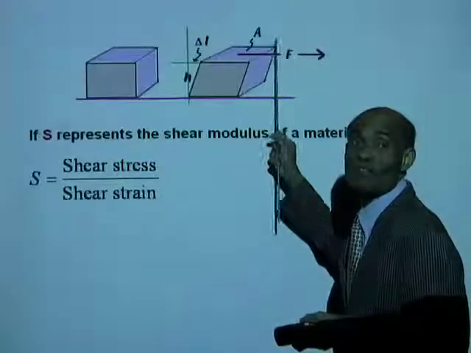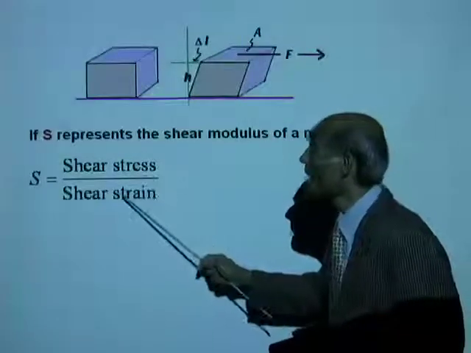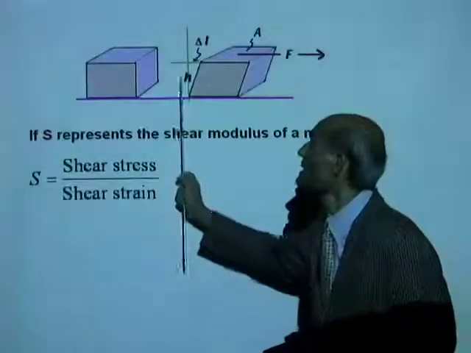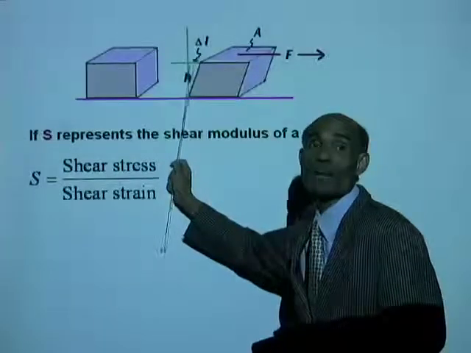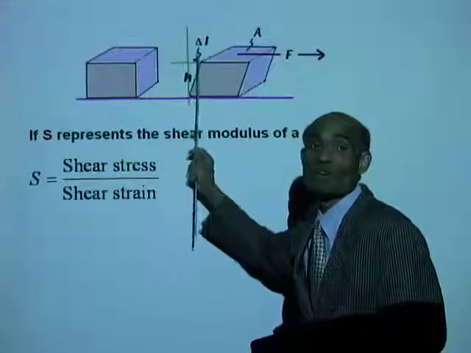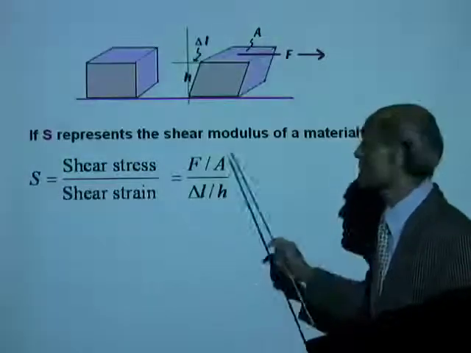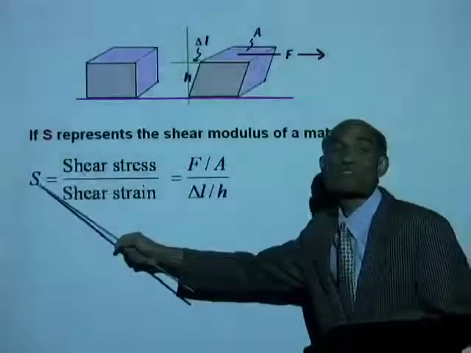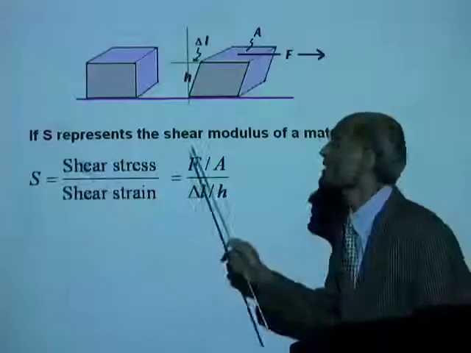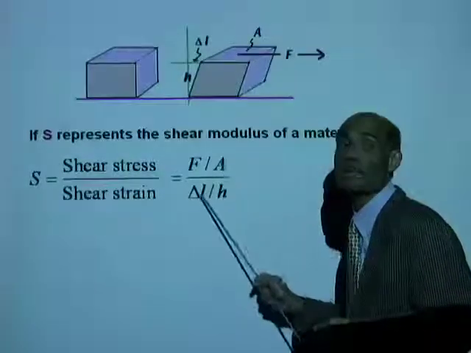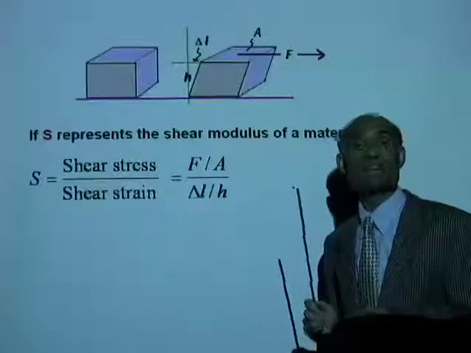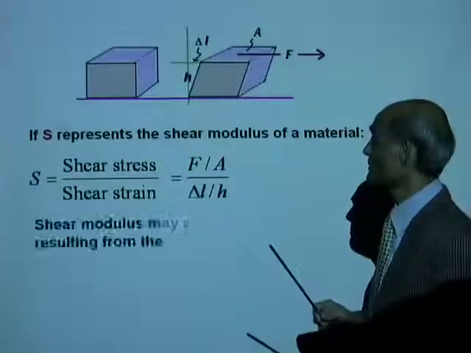It will be F divided by A, and the shear strain is the tangent of the angle of deformation, which is delta L divided by h. So that will be S, the shear modulus, is F over A divided by delta L divided by h.